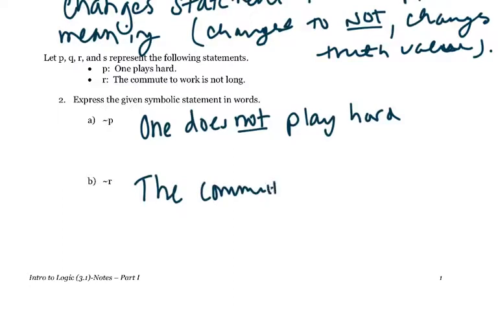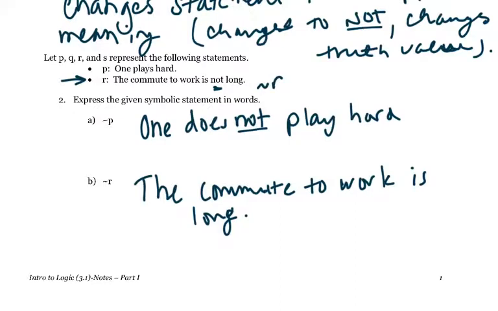Now, something to know about our book and the way we address things is that the book would treat this statement up here that I'm putting an arrow next to, because it's the not statement, they would actually treat that as the not R, and they would treat this one as the R. Okay, so just keep that in mind. Make sure you read the context and see what it's asking you to do. If it gives you a not statement, you can write that as a negated statement.